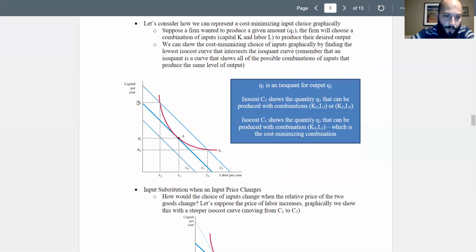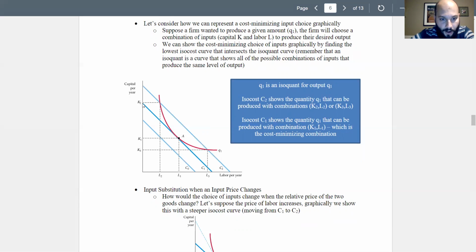Again, if we look at any particular isocost line, we have three different isocosts here, C0, C1, and C2, representing the lowest cost and the highest cost. Let's look at this one. K2 represents the point right here where we hire zero labor.